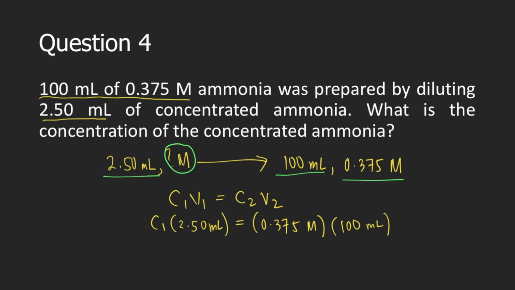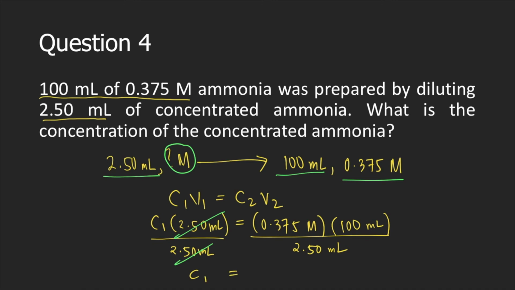To solve for C1, divide both sides of the equation by 2.50 ml. So on the left side, 2.50 ml will cancel, and what is left is C1.